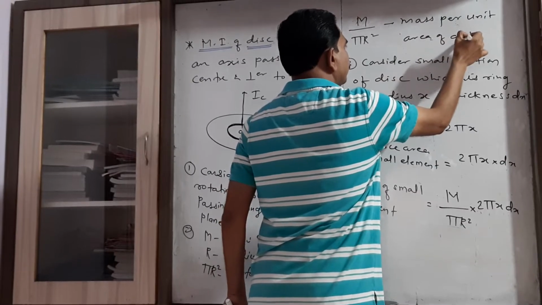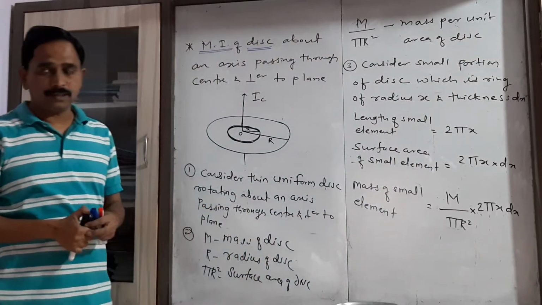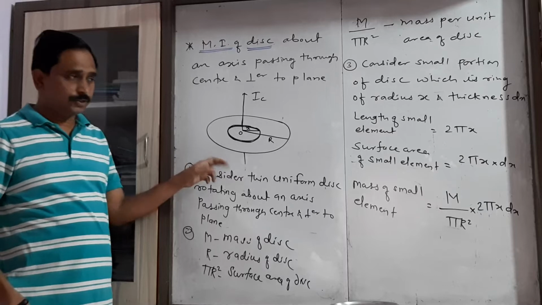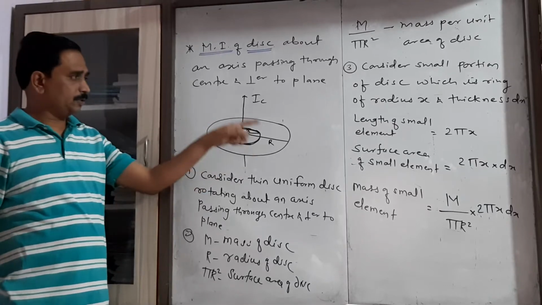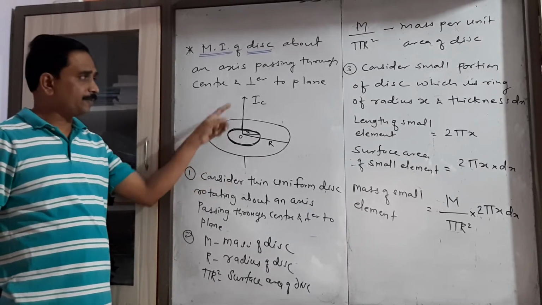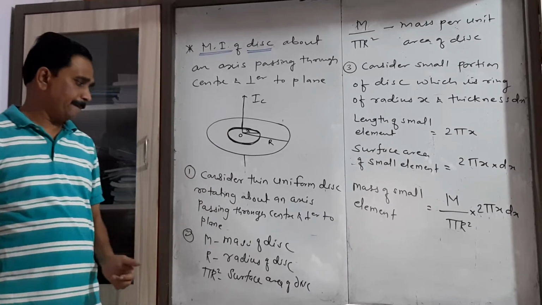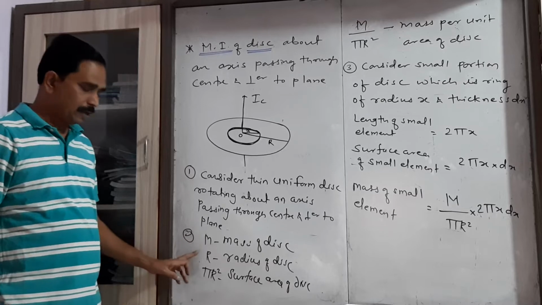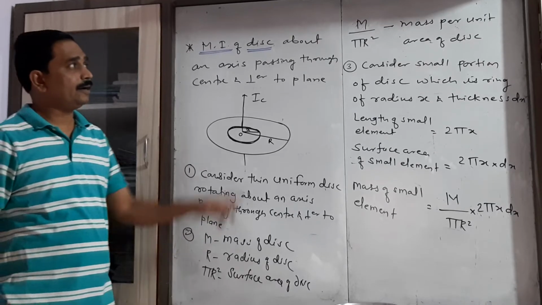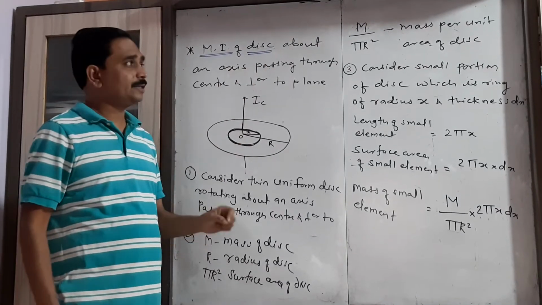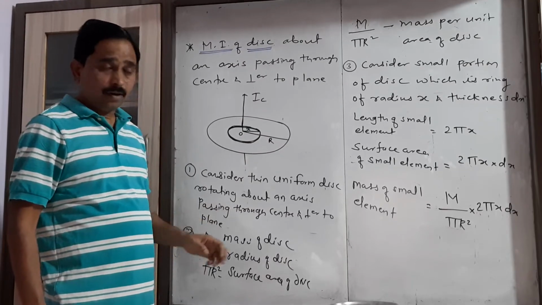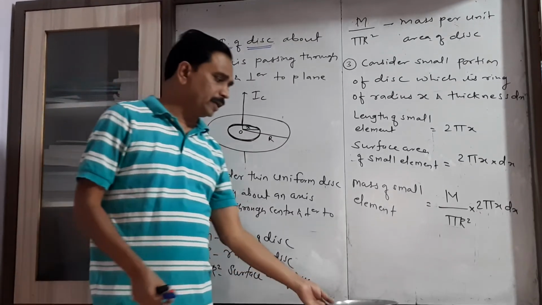First of all, we consider one disk which is thin and uniform, which is rotating about an axis passing through the center and perpendicular to plane. Then consider mass, radius, surface area, mass per unit surface area. Now, what is the assumption about the disk?